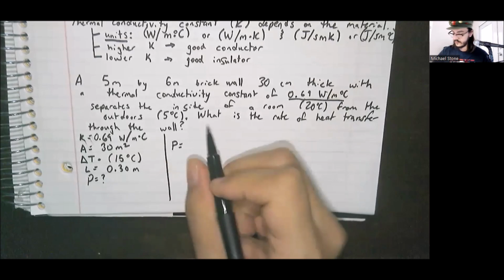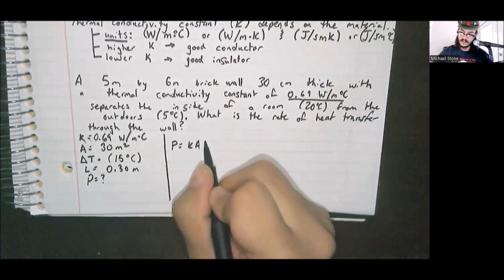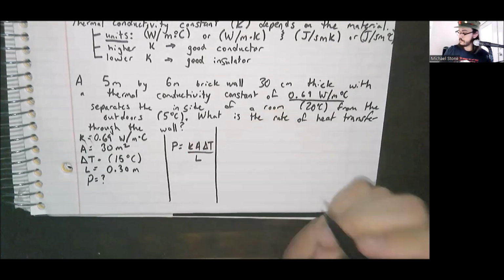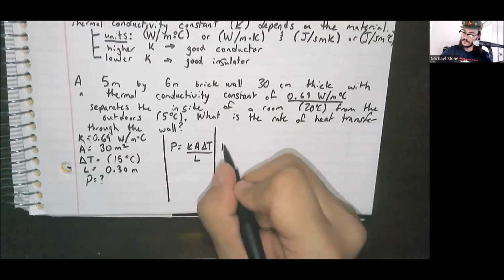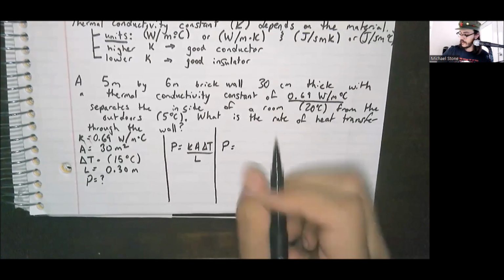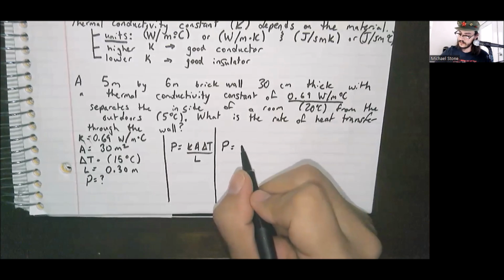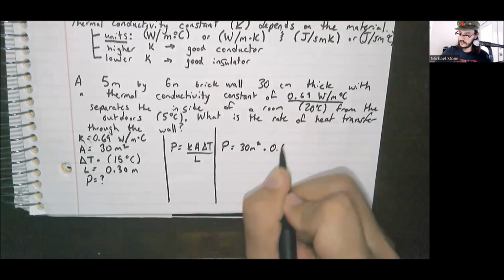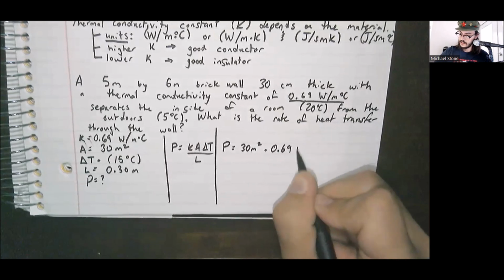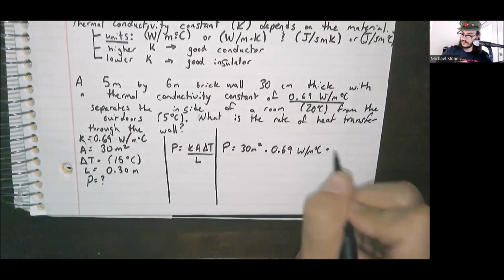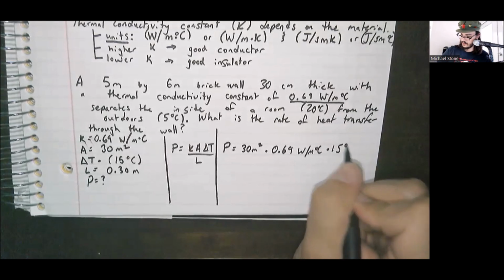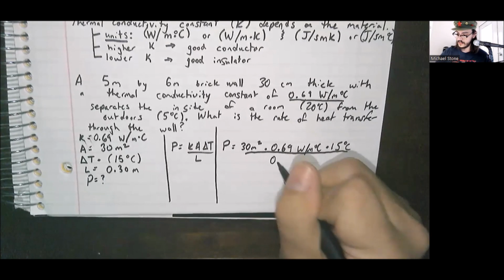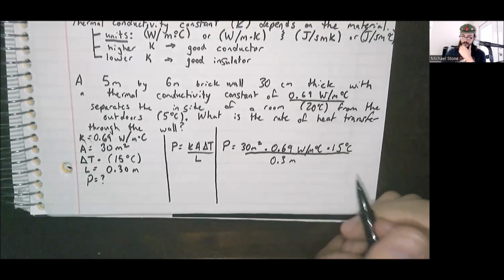So our power is going to be K A delta T divided by L. So our rate of heat transfer, the power involved here is 30 square meters times 0.69 watts per meter degree Celsius times 15 degrees Celsius divided by 0.3 meters.